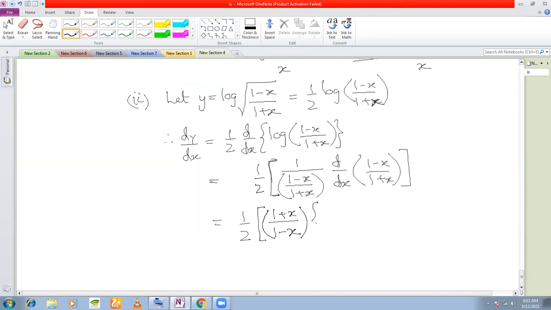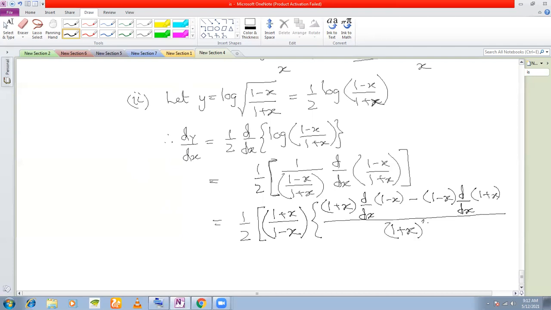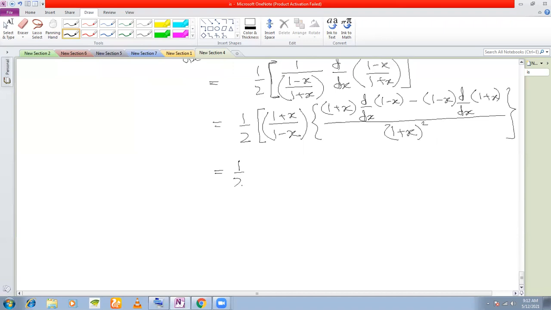Now you can differentiate this by the u by v rule: (1 plus x) d/dx of (1 minus x) minus (1 minus x) d/dx of (1 plus x), whole divided by v square, which is equal to half, (1 plus x) by (1 minus x), and you have 1 plus x, and d/dx of (1 minus x) is minus 1, minus (1 minus x), and d/dx of (1 plus x) is simply 1.